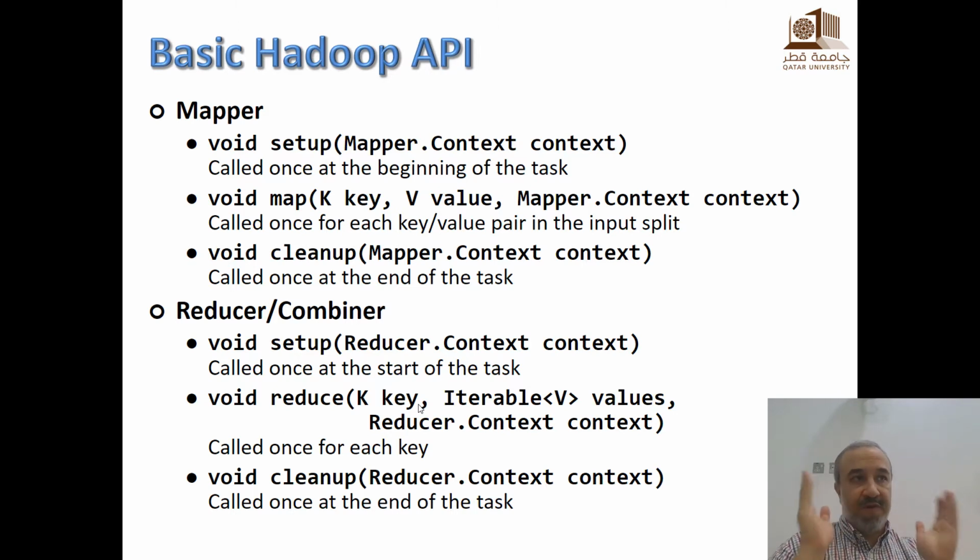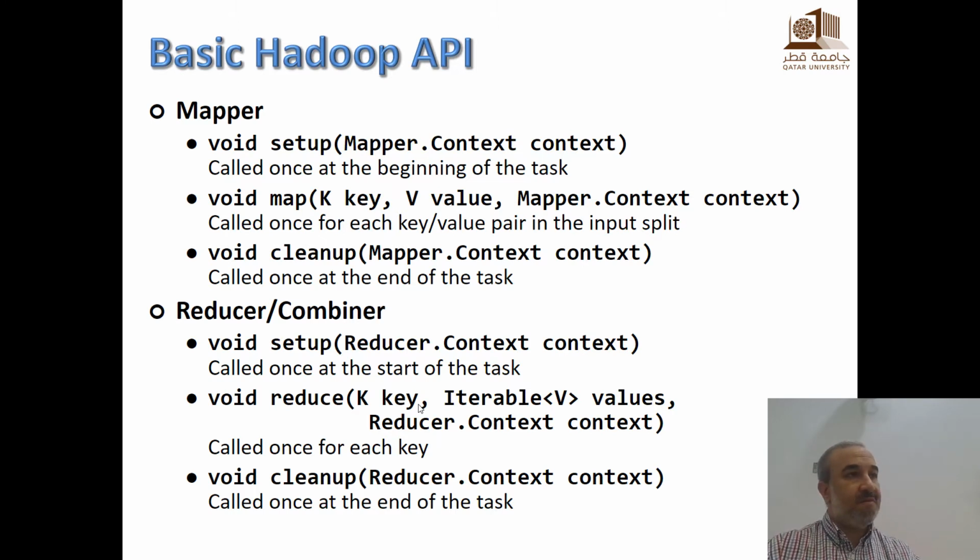If you remember, at the beginning of the reduce function, you will have one key and many values that were associated with that key from the map phase. So every call to the reduce function will handle one key only, and of course a list of values. Similarly, there is a setup function that will be called at the beginning, and the cleanup function that will be called at the end. This is the basic Hadoop API or MapReduce API.